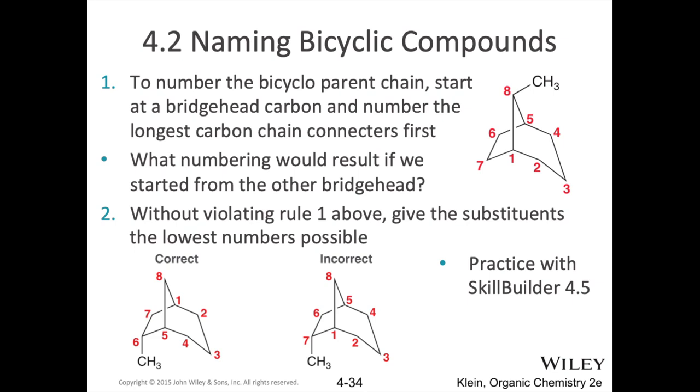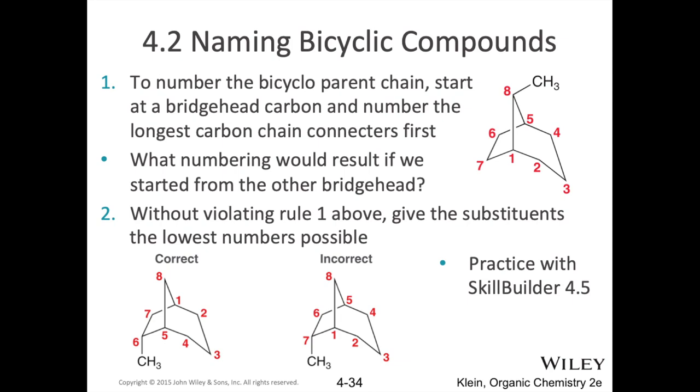You want to start at one of your bridgeheads and go through your longest bridge first, then your next longest, and then your smallest. Of course, you often have options on which bridgehead to start from. You want to start from the end that gives you smaller numbers for your substituents.